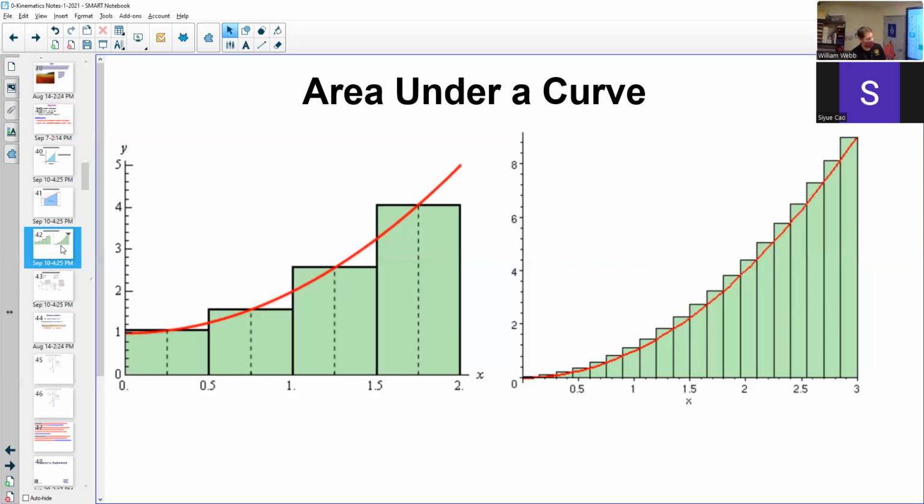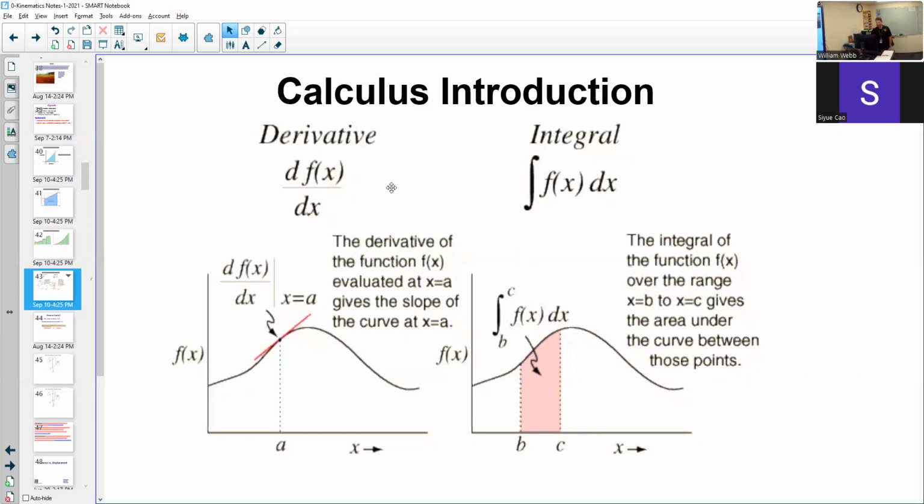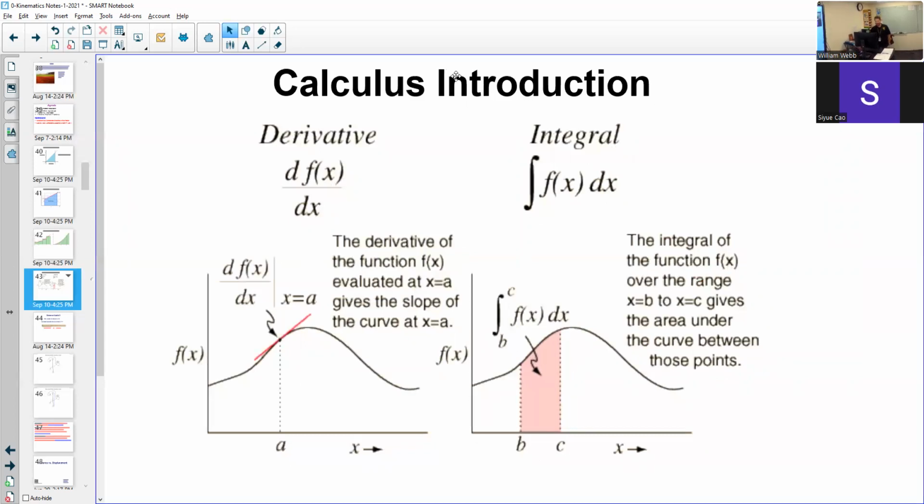That's what they're trying to show you with that second picture: if we keep making those rectangles smaller and smaller, we can get a better approximation. Now, when you take calculus, there are things you learn that help you do analysis of nonlinear relationships without having to take those algebra geometry steps.